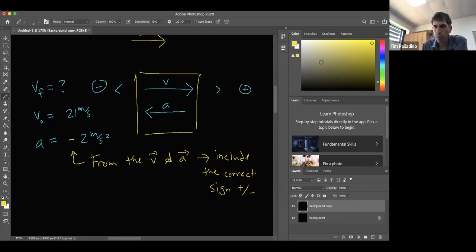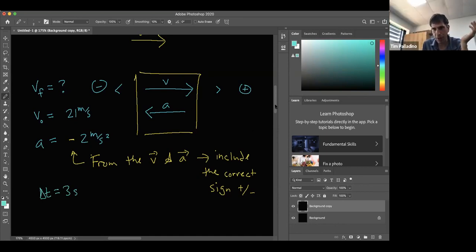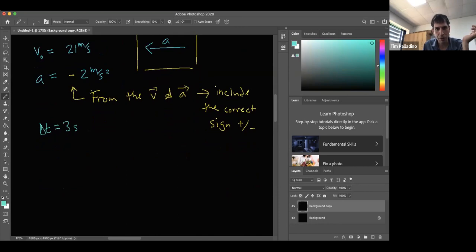Now there's one other way to know that. Let me put one last variable. We said delta t was 3 seconds? Yeah. So first let's do this correctly. Let's first just use our information. We know V final is V initial plus A delta t.